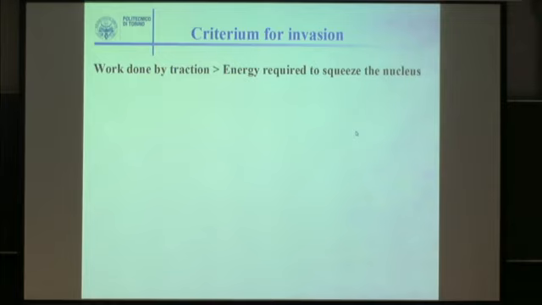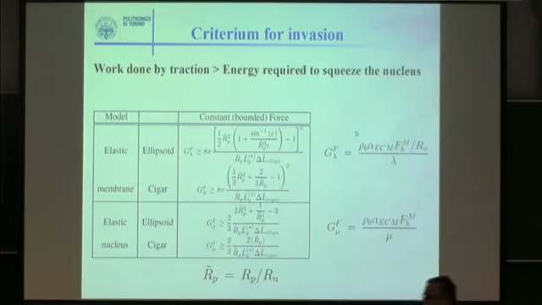But this is it. And if you play with a little bit of continuum mechanics, what you get, according to the assumptions that you make on the nucleus and on the force, is some criterion that tells you whether the cell will go through this microchannel or not.